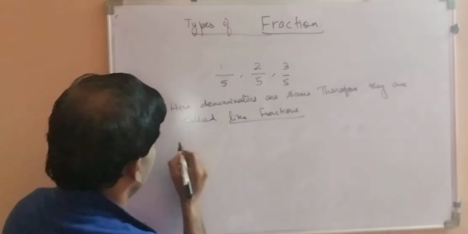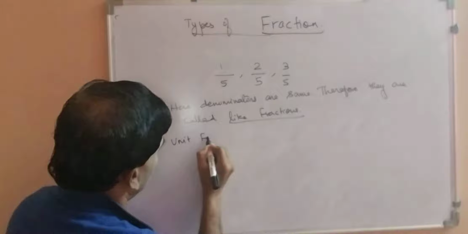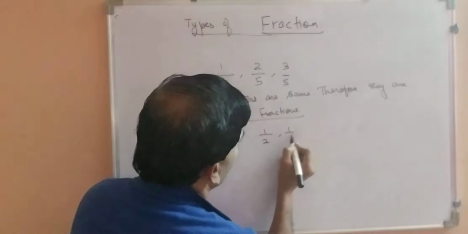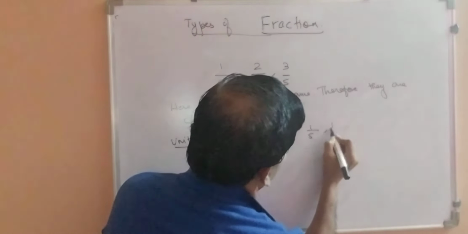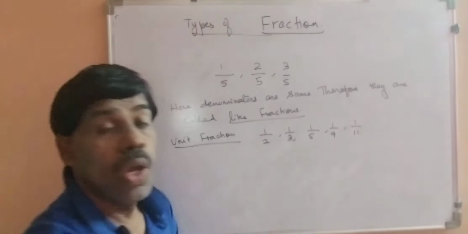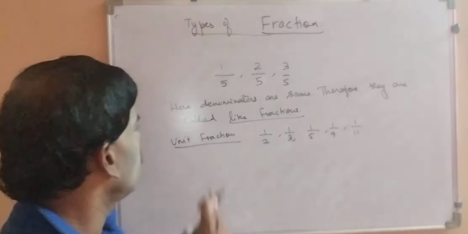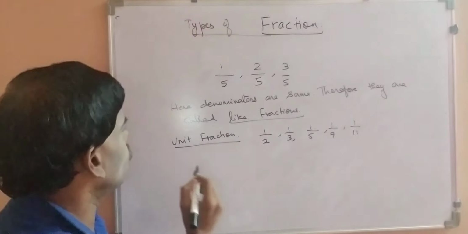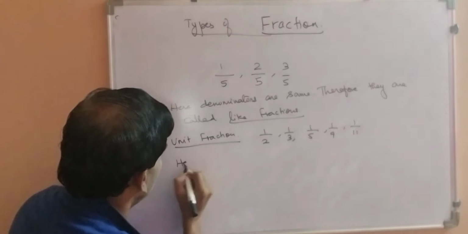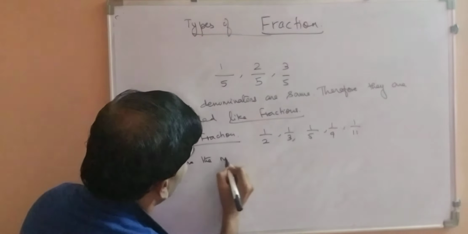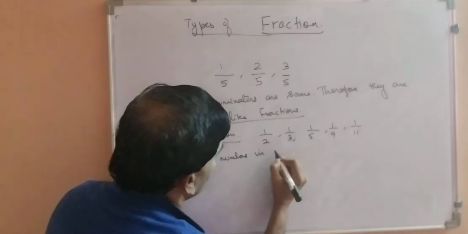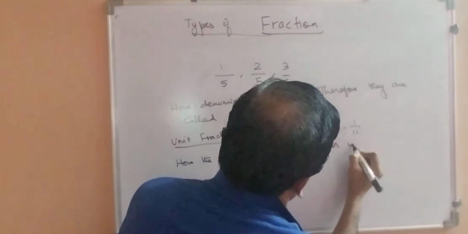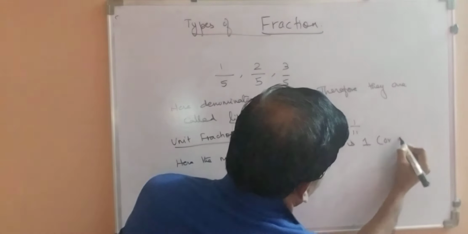Now, what is a unit fraction? 1/2, 1/3, 1/5, 1/9, 1/11. Look at this. Here 1 is there in all the fractions, that means the number in the numerator is 1, or we say unit.